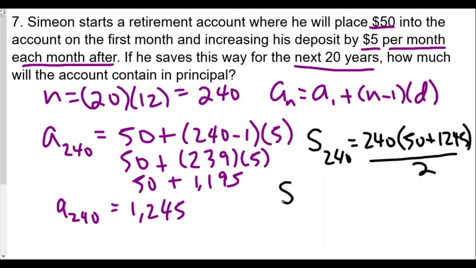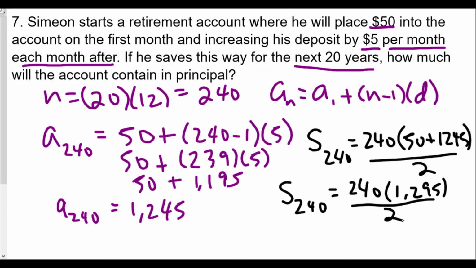So you add 50 to 1,245, which becomes 1,295, over 2. Now you can divide this and make this 120.